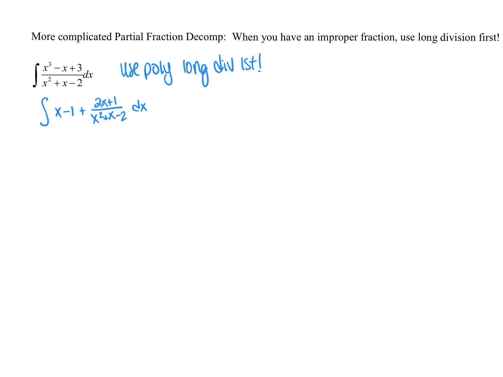Now this part you could just find the antiderivative of. This part here you could technically use u sub on. You don't have to do partial fractions, but let's talk about what it would look like to use partial fractions on this part. So I want you to tell me how you would break this up.